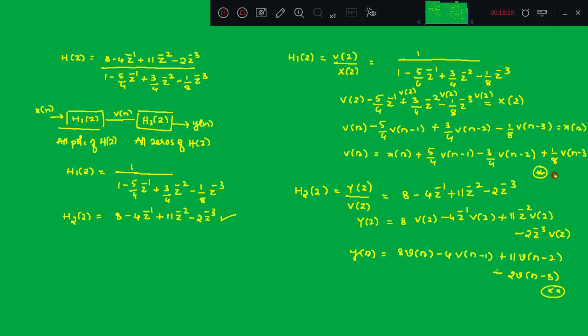So now we have to make use of these star equations to realize the direct form 2, right? So let me consider first one, v(n), and here input is x(n) and the output is what? v(n). So here I will write x(n), and here I will write v(n). So that is intermediate output v(n).